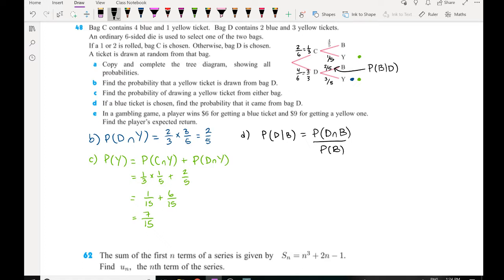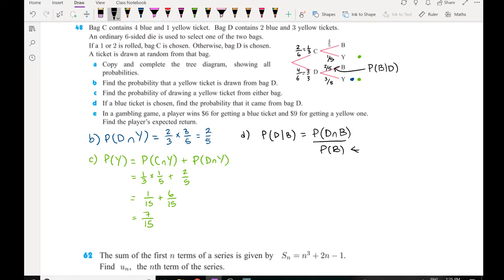I think this is the Hayes textbook people kind of making something up that doesn't really fit well. Normally, if they asked a question like this, it would likely be built off of the work you had done previously. So I'm actually kind of surprised that this isn't: if a yellow ticket is chosen, find the probability that it came from bag D, but whatever.